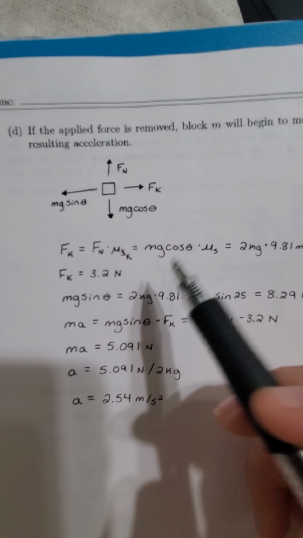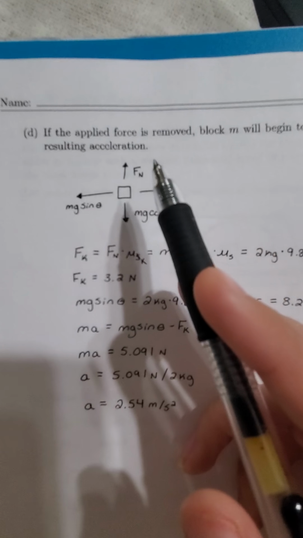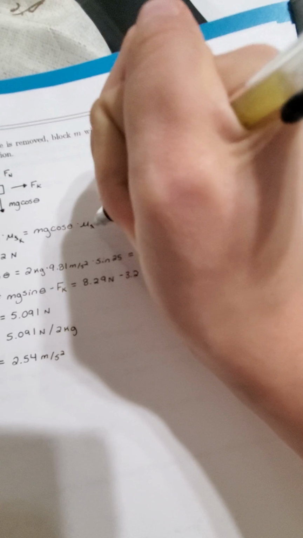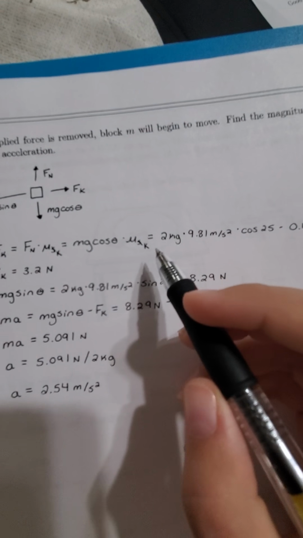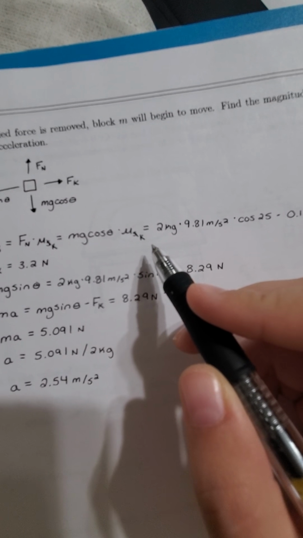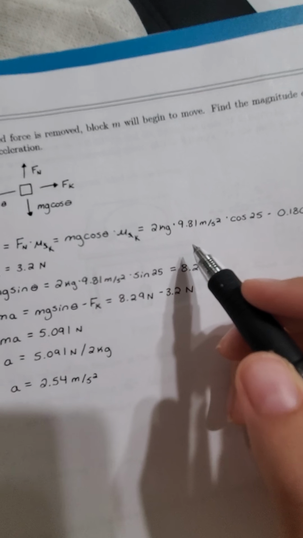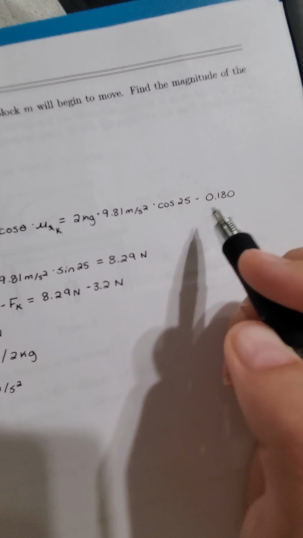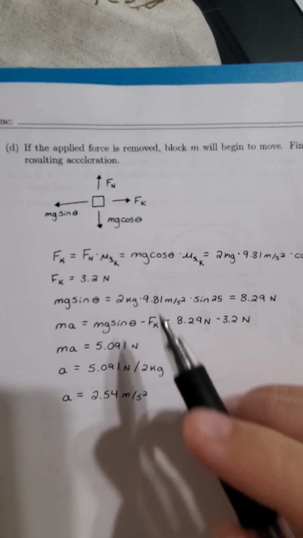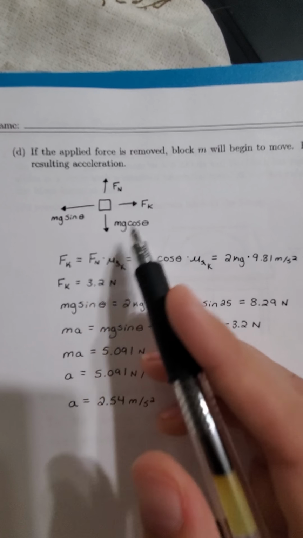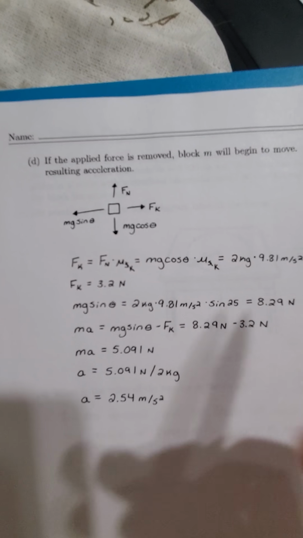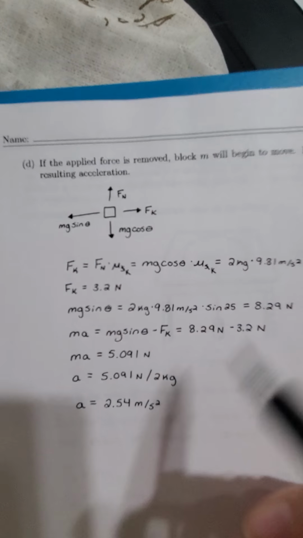So you do mass times gravity times cosine of this angle, which is equal to the normal force, and do that times the coefficient of kinetic friction. Again, I messed up there. And then that'll be 2 kilograms times 9.81 meters per second squared times the cosine of 25 times, there's our coefficient, 0.18, and that comes out to 3.2 newtons. So that's how much the force of kinetic friction is, and it's going in that direction since the motion's going this way.